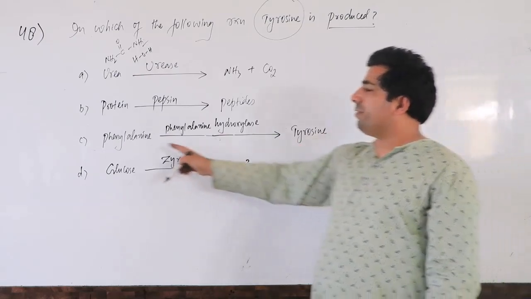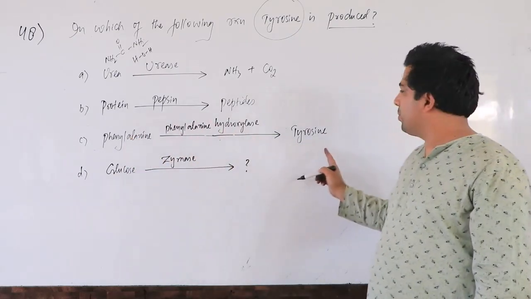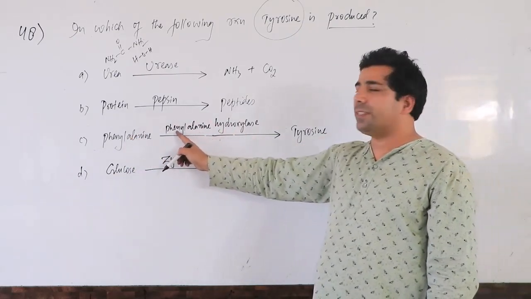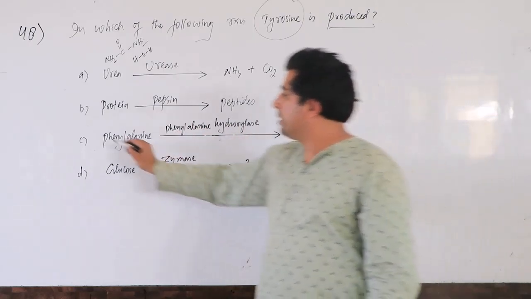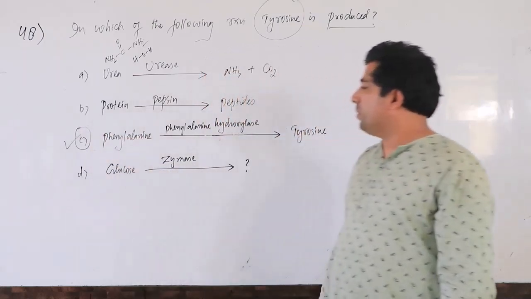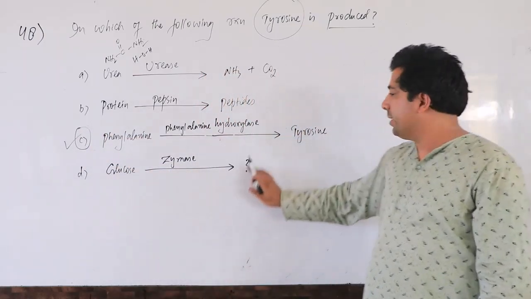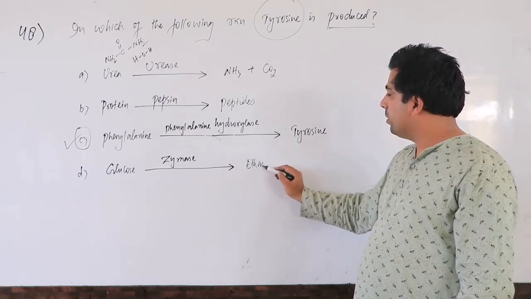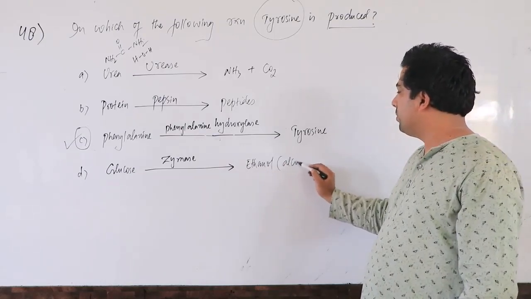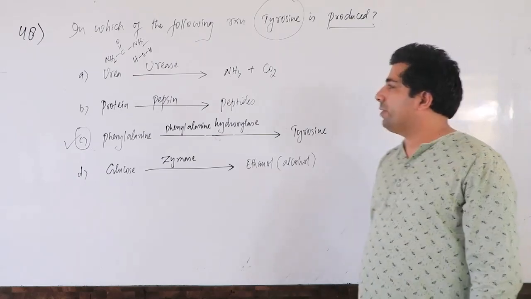So the amino acid phenylalanine will be converted into tyrosine by the enzyme called phenylalanine hydroxylase. Correct? So this is the answer here. The last one, glucose in presence of zymase, will obviously give you ethanol. That is nothing but your alcohol. So it's used for the production of alcohol.